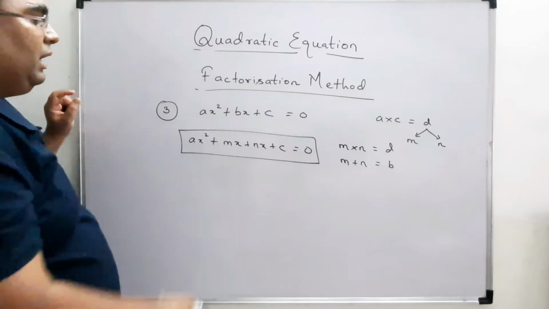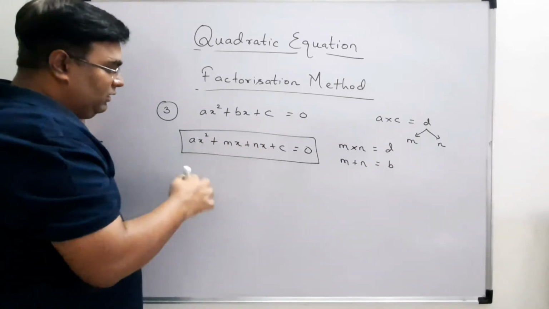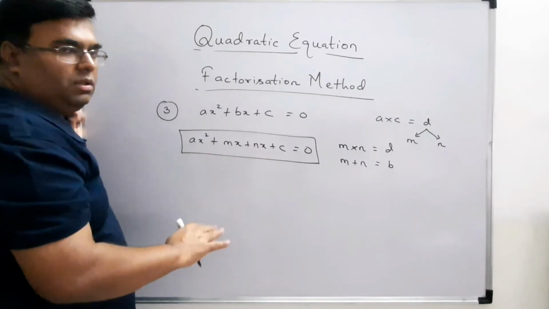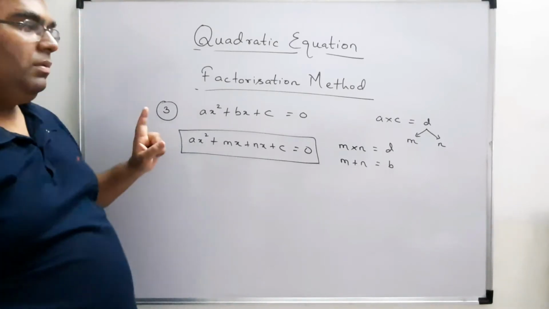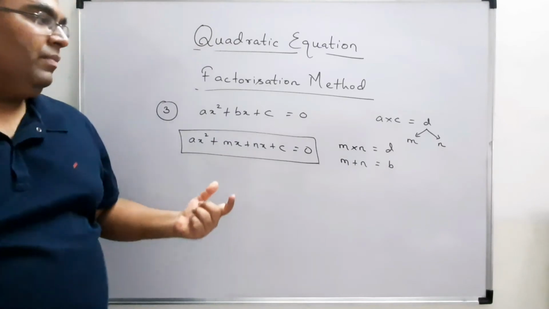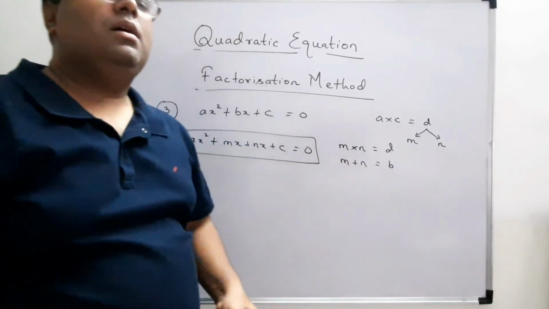And since m and n are multiples of some factors of a and c, we have something in common. We'll see in an example how to solve this. But first you need to remember that we need to find two numbers m and n for which the product is d and the addition is b.